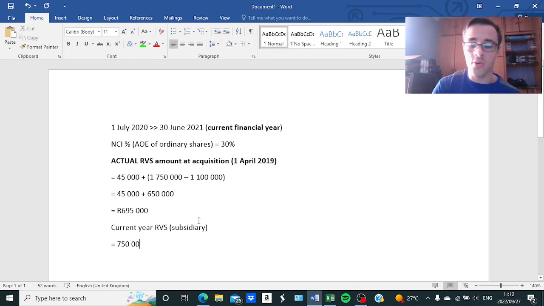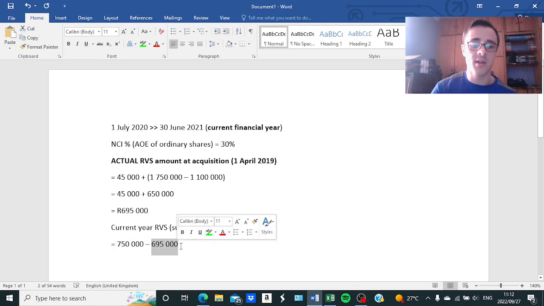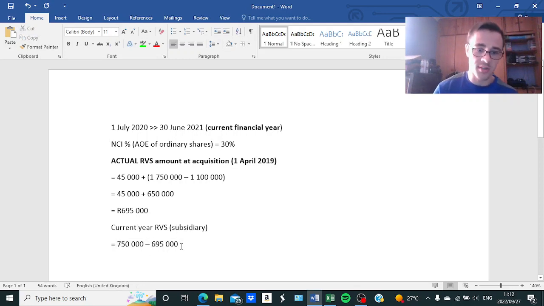You take the balance at year end, which is the 750,000 Rand, and you subtract the real balance at acquisition, which in this case is 695. You do not subtract the 45 that was recorded. You just take the balance at year end and you subtract the actual balance of revaluation surplus at acquisition, which in this case is 695,000.